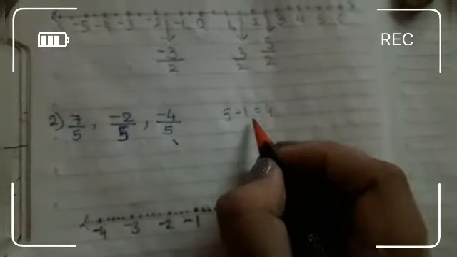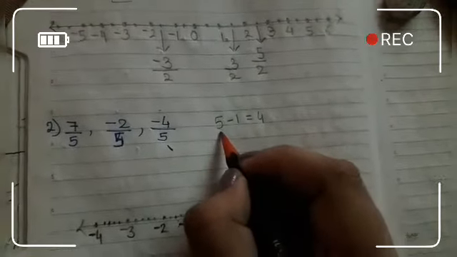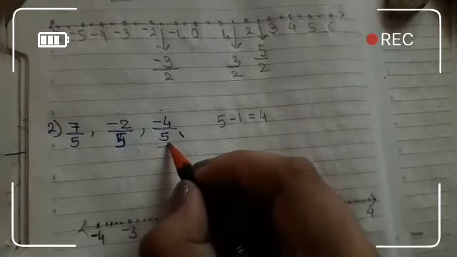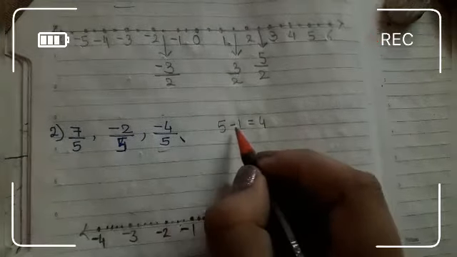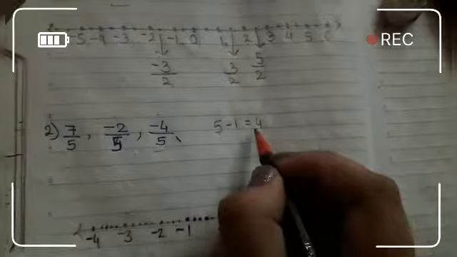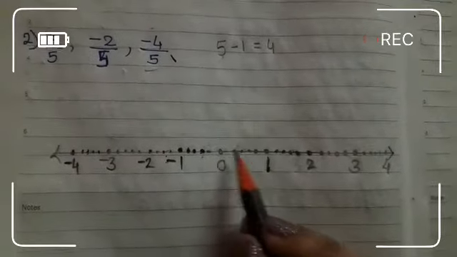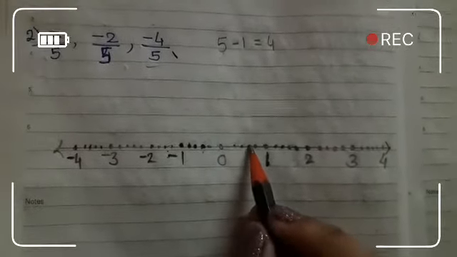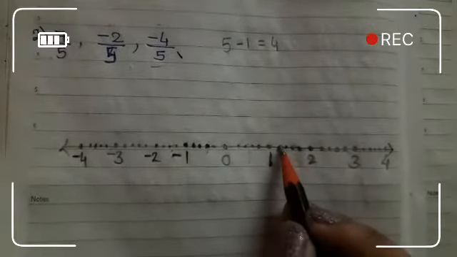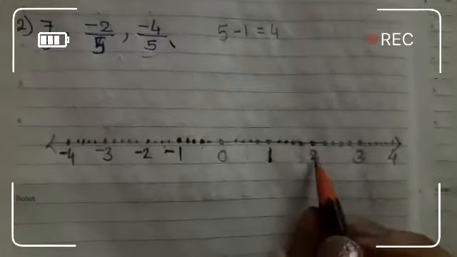This is the second question and I have already drawn the number line here by doing 5 minus 1 equals 4, because this is the rule: the denominator is subtracted by 1 and that many points we have to give here. Take here like this, 0, here 1, 2, 3, 4 and 1, 1, 2, 3, 4 and 2 like this.